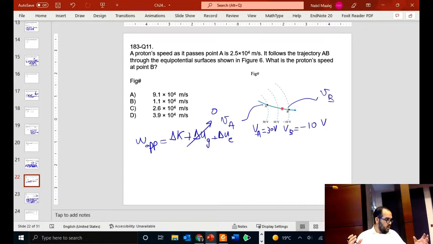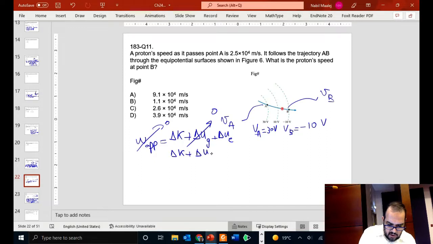In this case we don't have an external applied force; the force is just due to the electric field. If we take the electric field and the proton as a system, there are no external forces, so this term is also zero. So we end up with delta K plus delta U equal to 0.